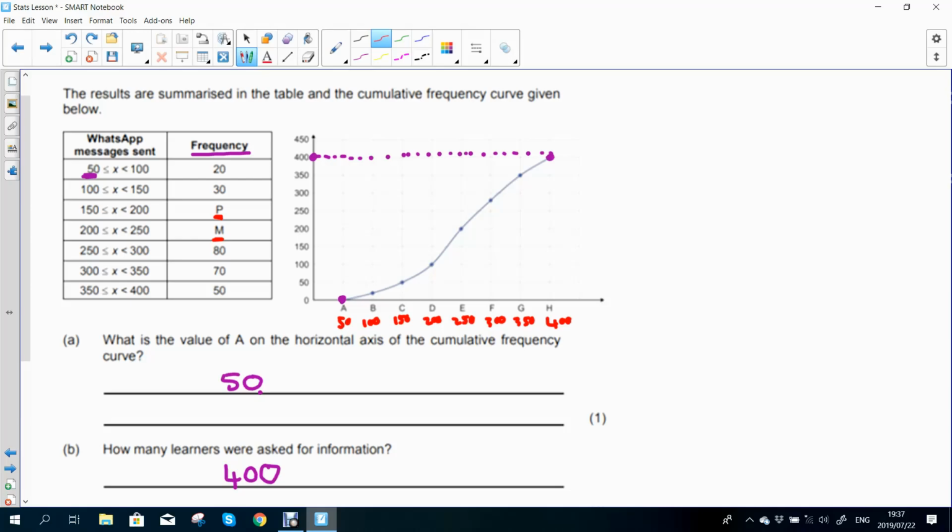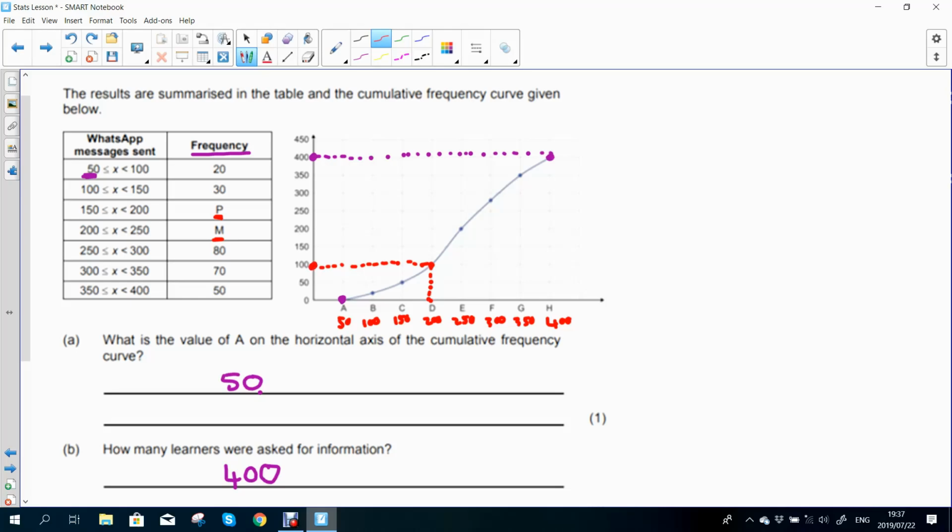So the one that's missing, I need to go and find the 150 to 200 mark. So I plotted the first 2 points, so this point I need to go read off. So at 200, what am I reading off? What is my cumulative frequency at 200? My cumulative frequency at 200 is 100.